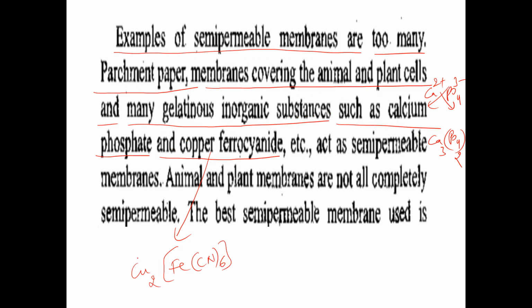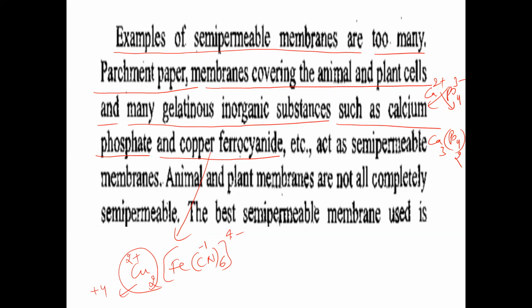Copper ferrocyanide. Each copper is plus 2, so plus 2 into 2 gives plus 4. Total charge is plus 4. To balance plus 4, there should be minus 4 on the square bracket; that is, the complex anion should have minus 4. So plus 4 and minus 4 are balanced. Now, each CN is minus 1; minus 1 into 6 is minus 6.